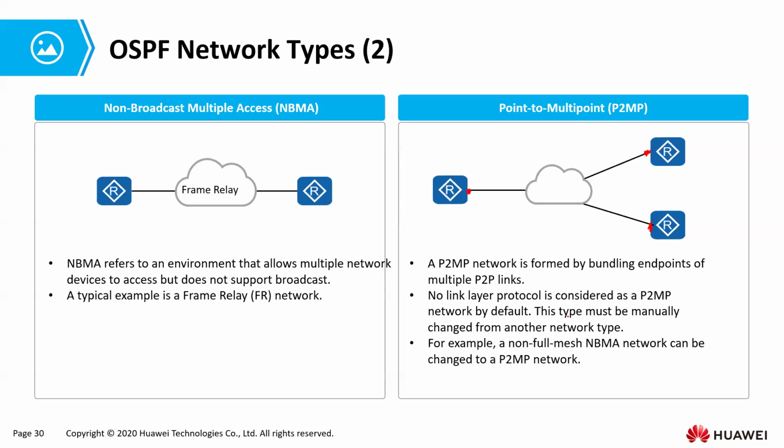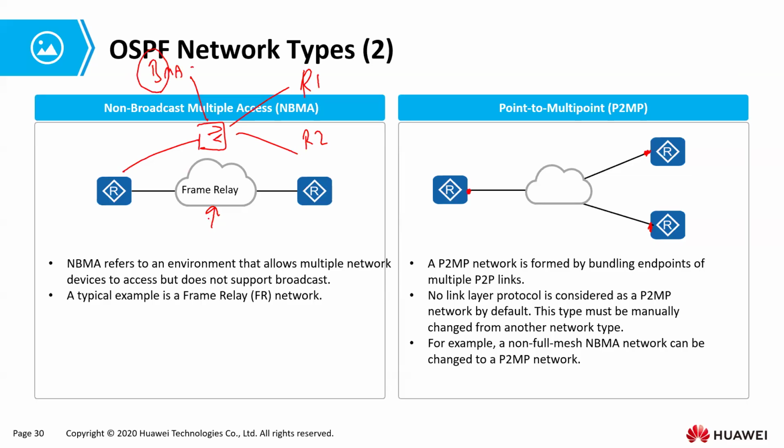Non-broadcast multi-access. In this one, it is multi-access. However, there is no broadcast. An example is frame relay. So I go to the switch here, and I remove this frame relay. This is what is called multiple access, but with the broadcast.